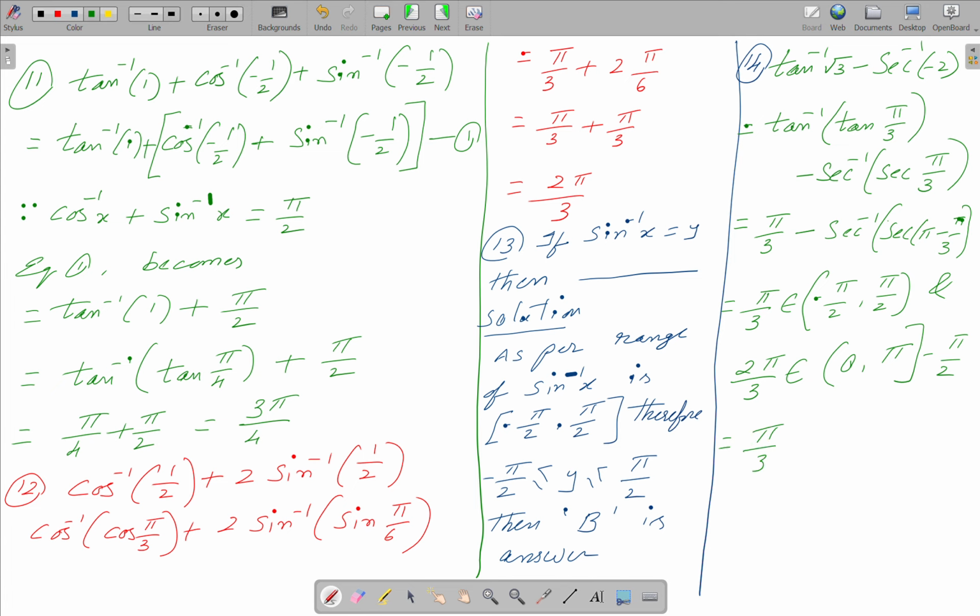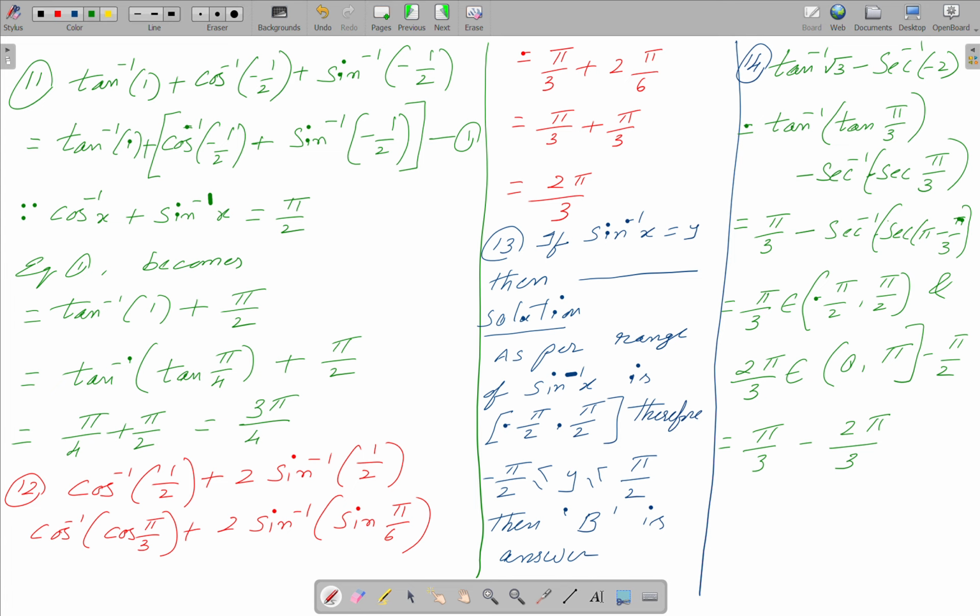That is equal to pi by 3 minus 2 pi by 3, that is minus pi by 3.